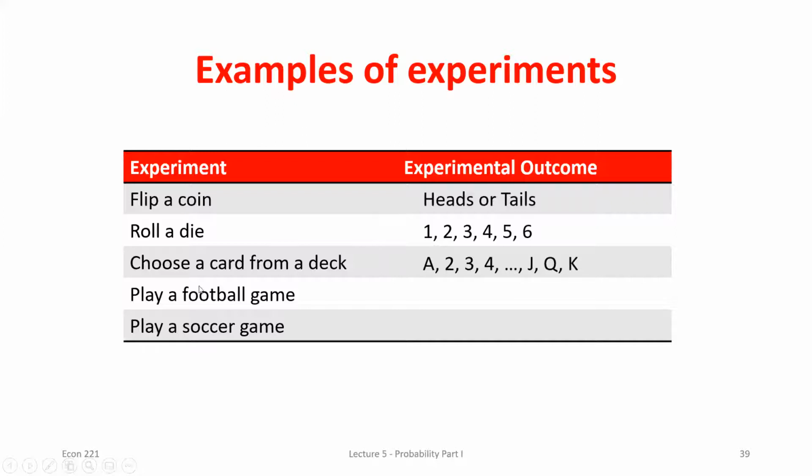Let's say, since the Super Bowl is here in the next couple of days, we're playing a playoff football game. The possible outcomes are win or lose. Regular season soccer game, we've got win, lose, or tie. Experiments could be something as simple as this.